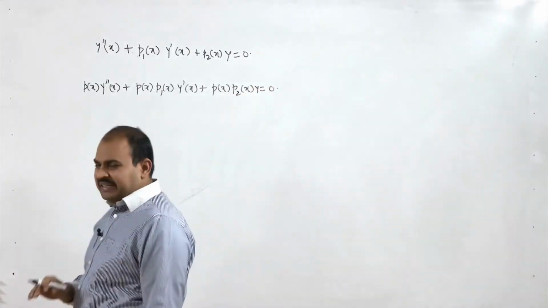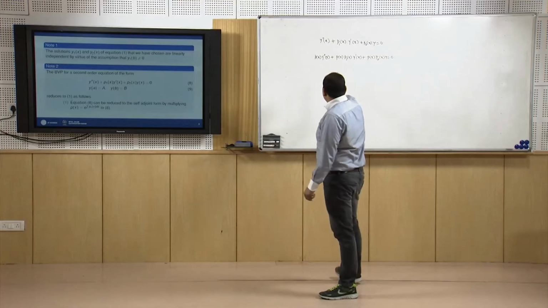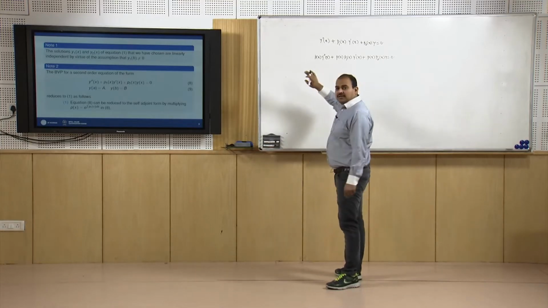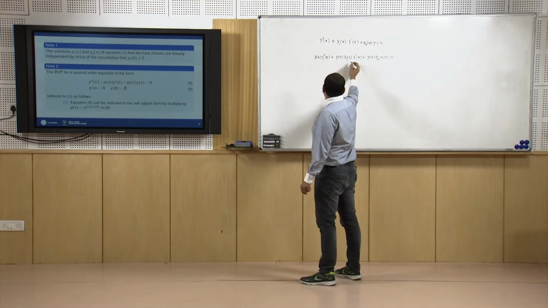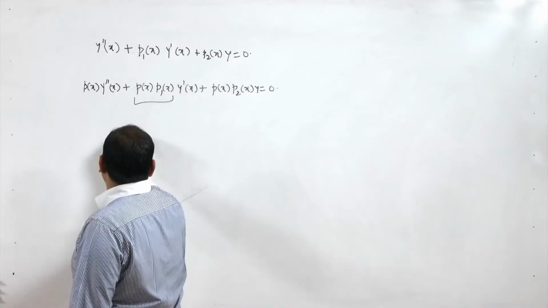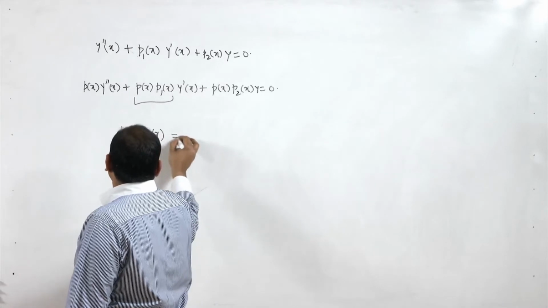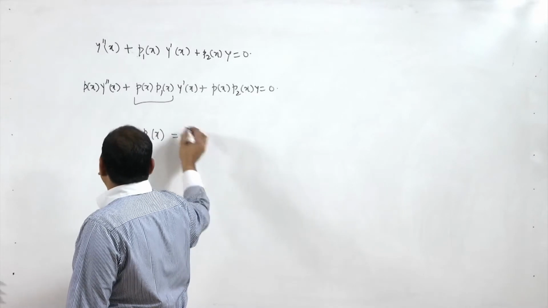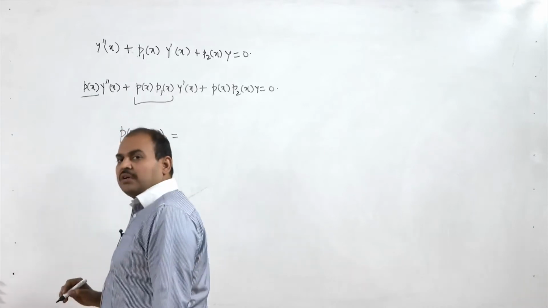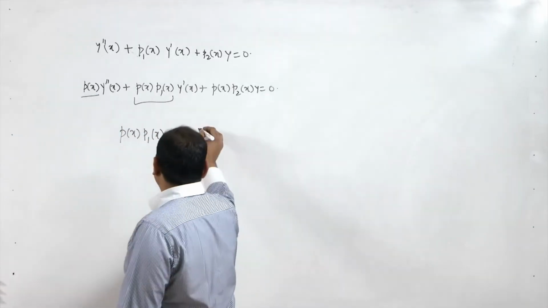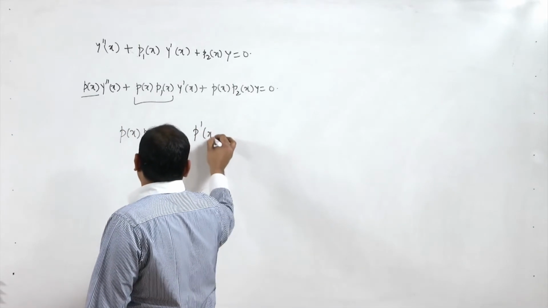and we have already discussed that this is in self adjoint form if the coefficient of y'(x), that is p(x) p1(x), is equal to the derivative of the coefficient of y''(x). So it means p'(x).